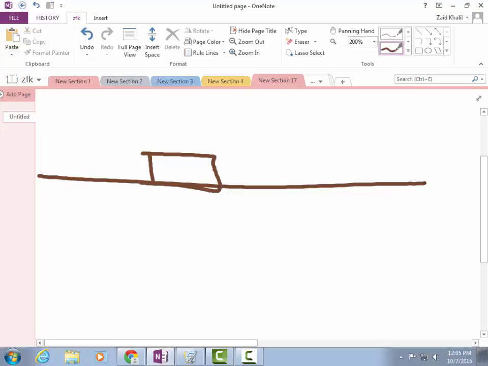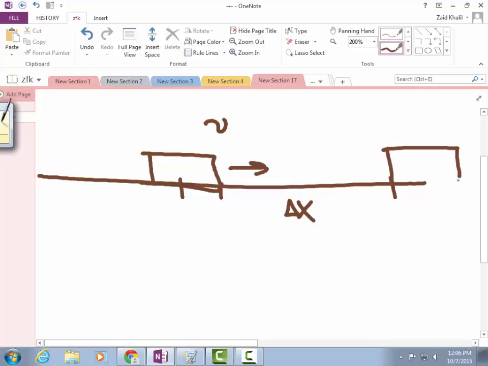And when it leaves your hand with a velocity v, it's going to the right. And the question is, after it goes some displacement, delta x, and it comes to rest, find the coefficient of kinetic friction. So in other words, some time later, it's at rest, some delta x away. Find the coefficient of kinetic friction. What do we do?